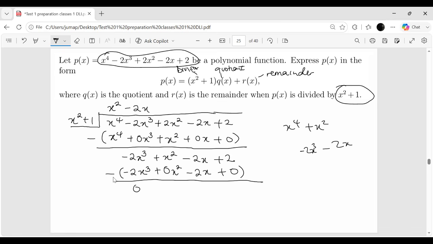It is 0 because the negative and this negative are going to multiply and become positive. Then x squared minus 0x squared will just be plus x squared. Then negative 2x minus negative 2x is going to be plus 0. Then this one is going to be plus 2. Okay, so I'll rub the 0.